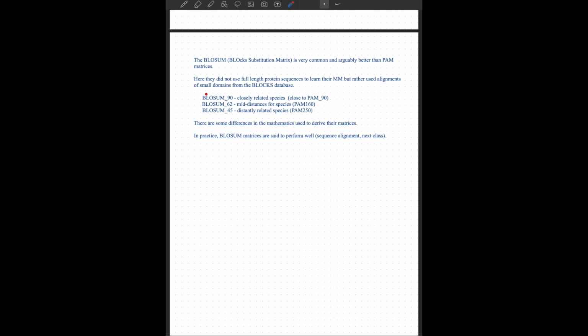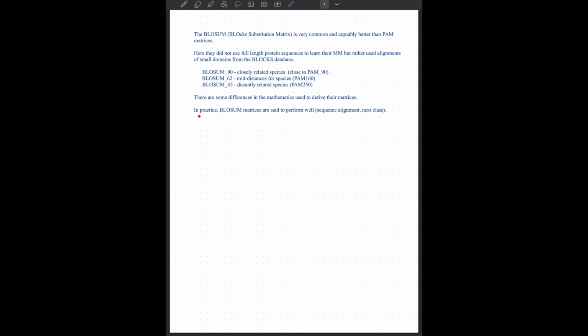The way that they process their input for calculating their matrices was a bit superior to the way the PAM matrices were formed. There are some other minor differences, but often in practice, BLOSUM matrices are considered to be an improvement on PAM. I show the PAM here because it's the concept that really counts of where these matrices come from. We're going to pick up there next class.